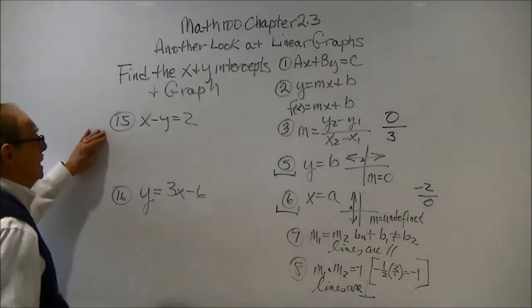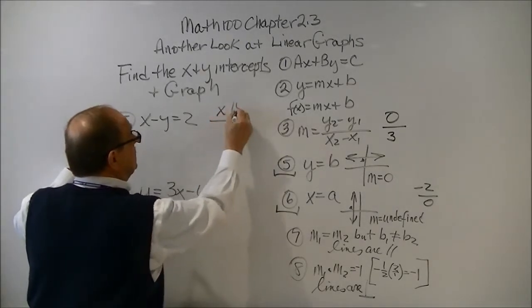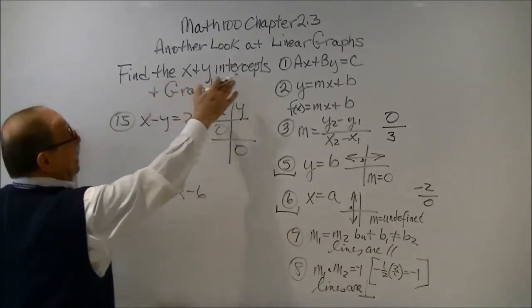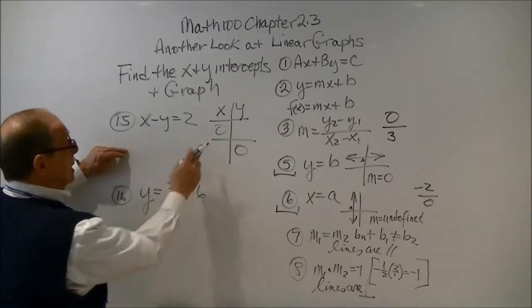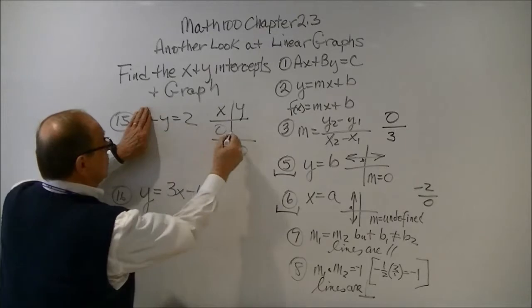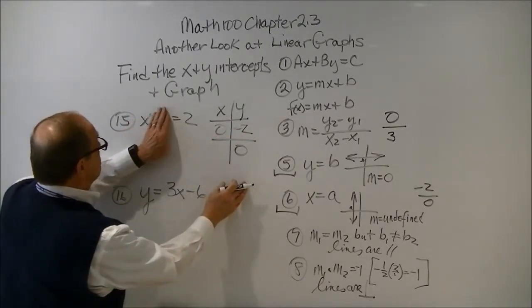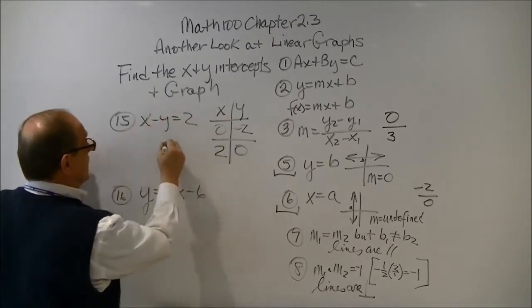For number 15, here we're going to use our special t-chart, because the instructions are find the x and y intercepts and graph. So again, if x is 0, y will be a -2. If y is 0, x is going to be a +2.